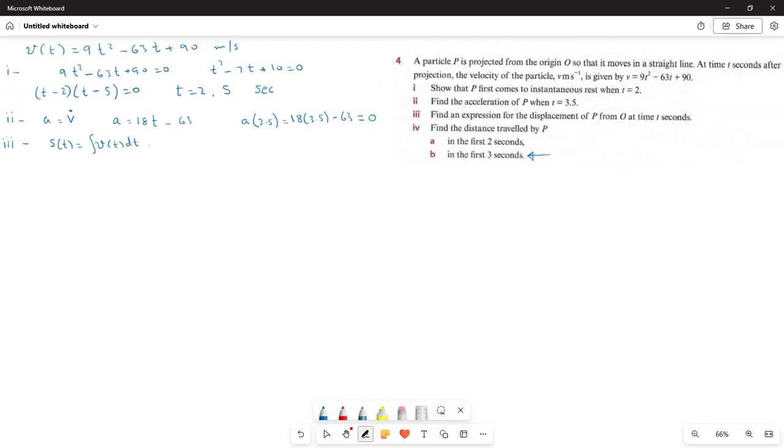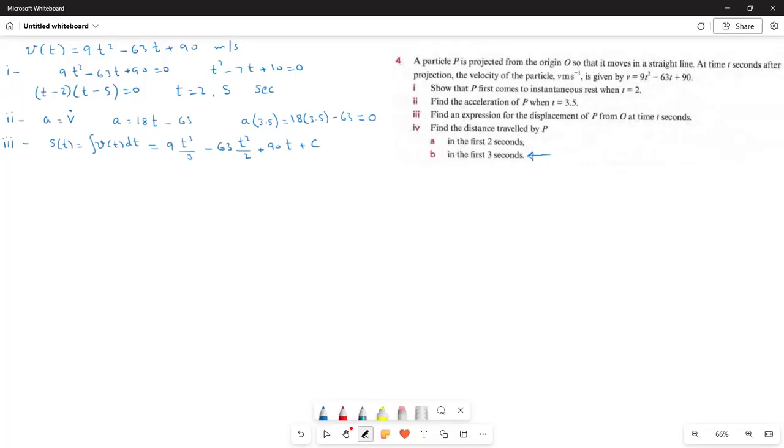When I integrate this velocity expression, it gives 9 times t cubed by 3 minus 63 times t squared by 2 plus 90t plus a constant of integration.